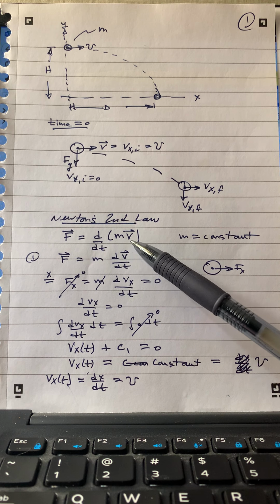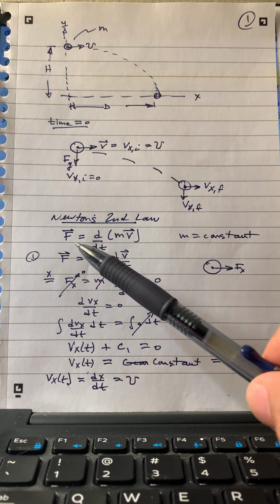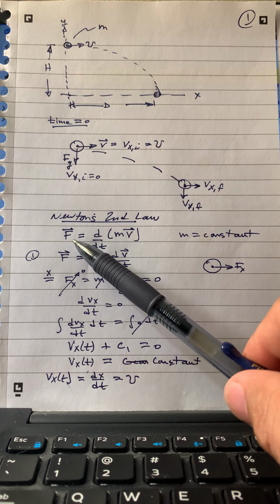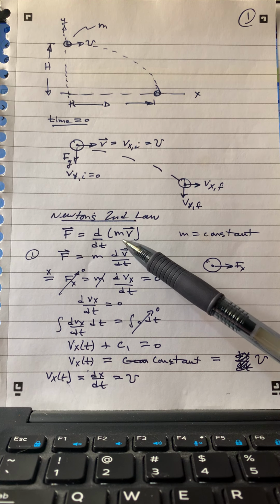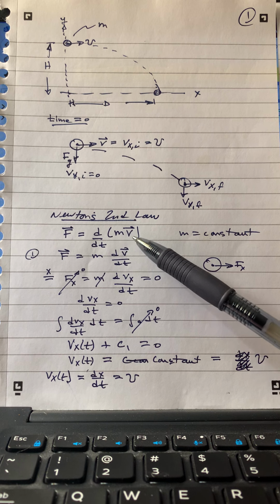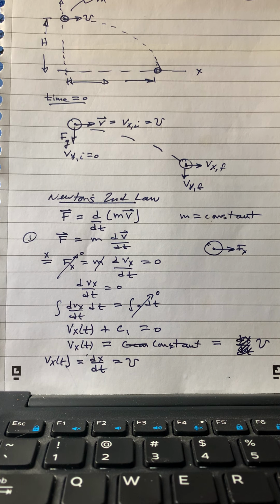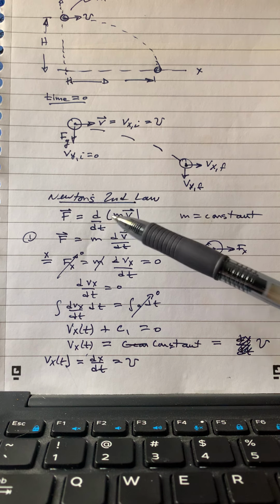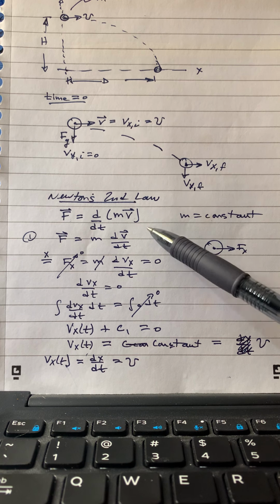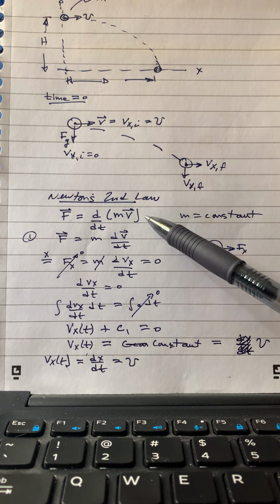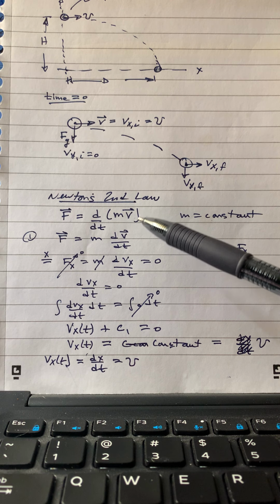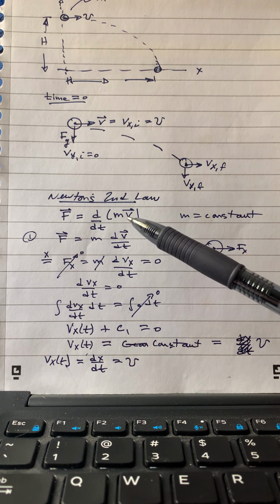We're going to look here in terms of vector notation. There's some force vector on m, so F on m, and there's a resulting velocity vector, V. In Cartesian coordinates, we're talking x in two dimensions.